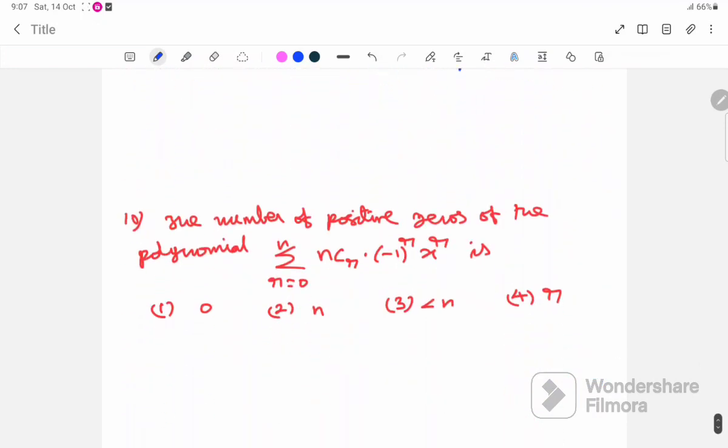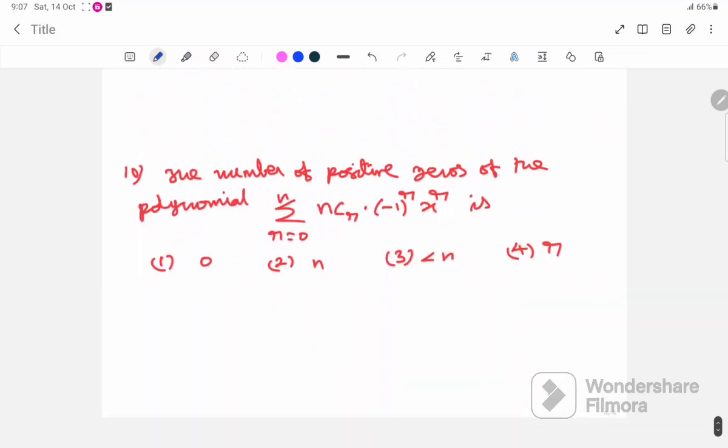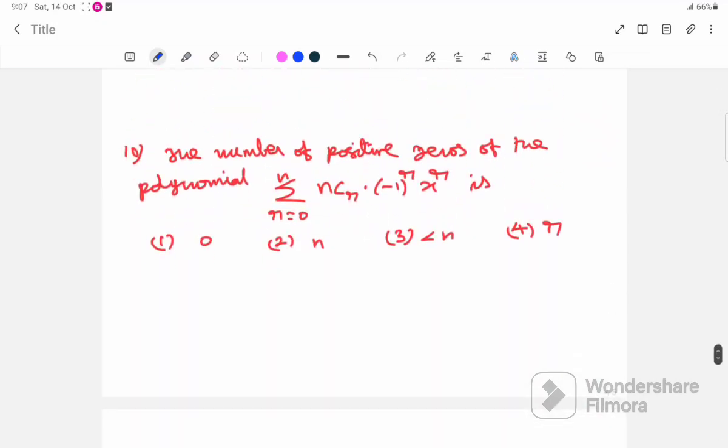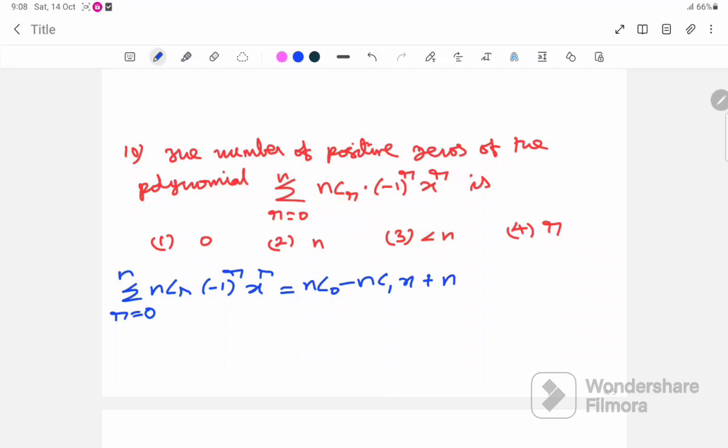Okay. Now going for question number 10. See, the number of positive zeros of the polynomial sigma r equal to 0 to n, nCr minus 1 power r x power r, can be written as nC0 because minus 1 power 0 is 1, x power 0 is 1. Next r equal to 1, negative sign will come, nC1 x. Next r equal to 2, it will become positive, nC2 x square minus nC3 x cube.